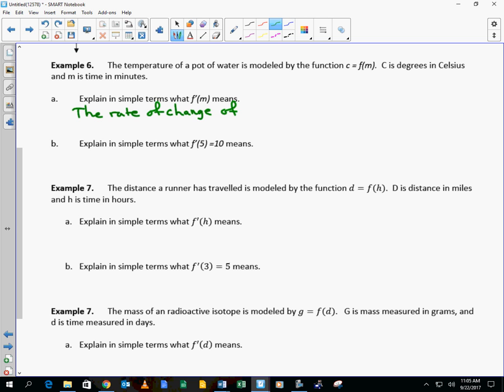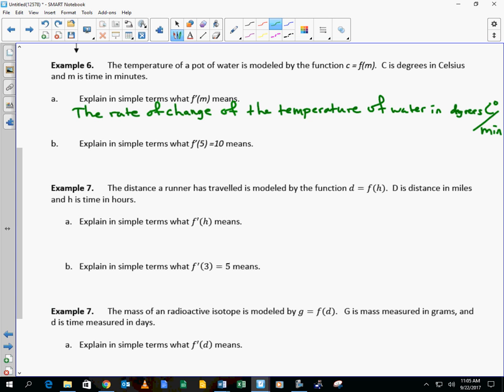The rate of change of the temperature in degrees Celsius per minute, right?